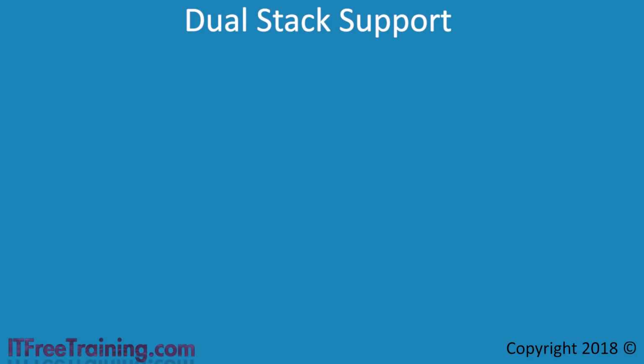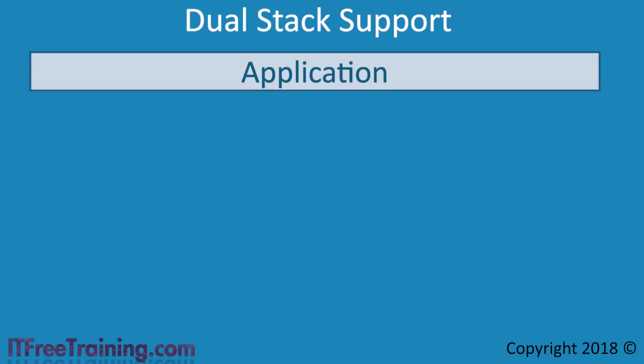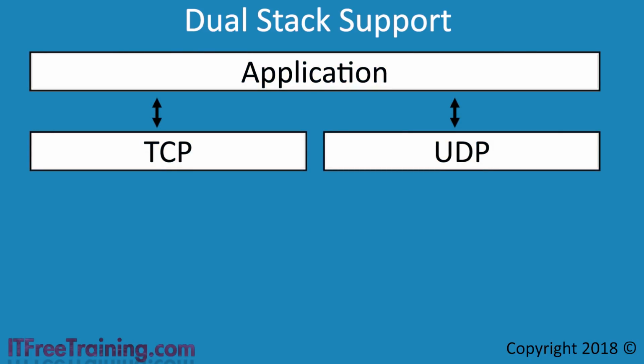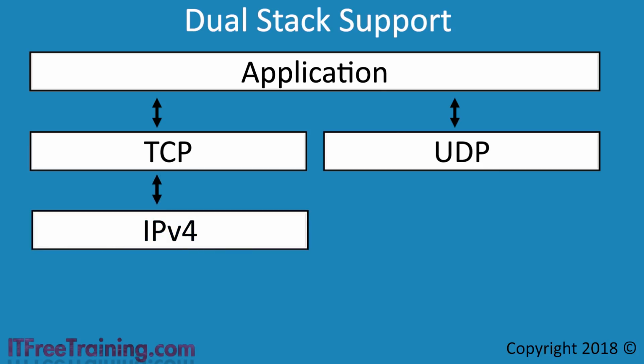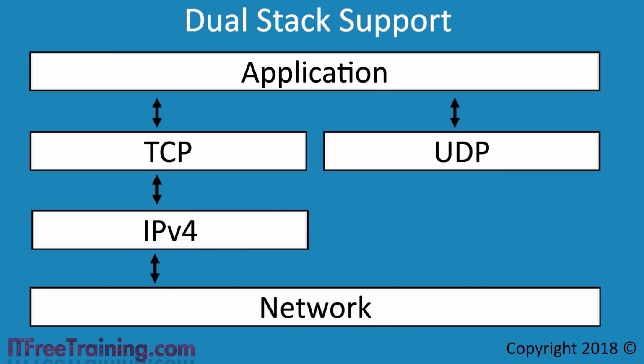Since full IP6 support is not here as yet, how does Windows handle using both IP4 and IP6? When both are configured, this is called dual stack. It simply means both IP4 and IP6 are configured on the same system. Essentially what happens is the application will open a TCP or UDP connection. On a Windows computer with only IP4 configured, this connection will use the IP4 protocol to access the network.